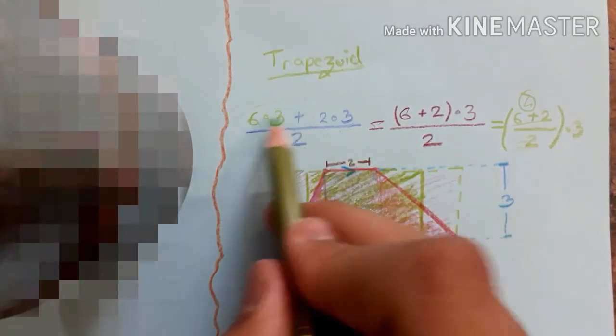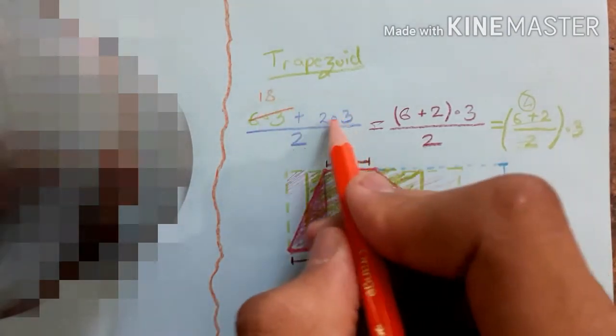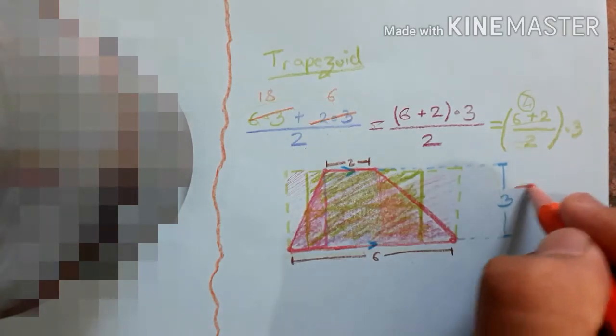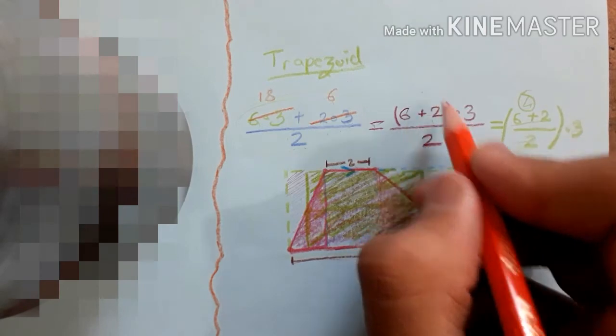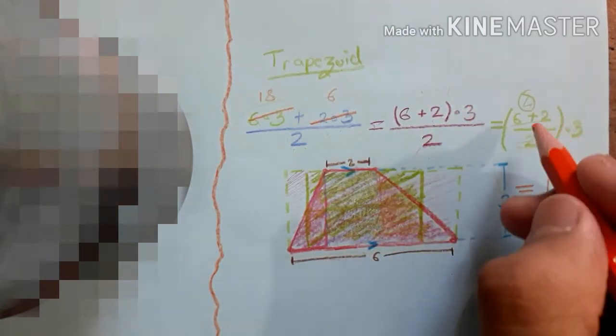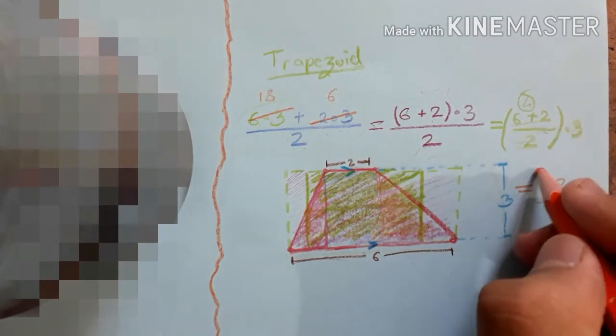Now we can calculate any of these three sums. 3 times 6 is 18, 2 times 3 is 6, 24 over 2 is 12. 6 plus 2 is 8, times 3 is 24, over 2 is 12. And even 6 plus 2 is 8, over 2 is 4, times 3 gives us 12.